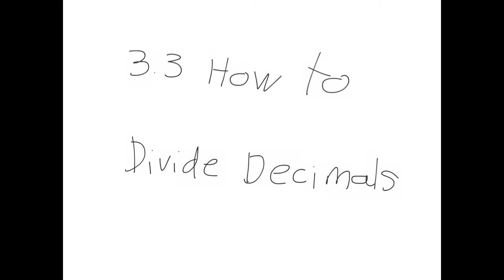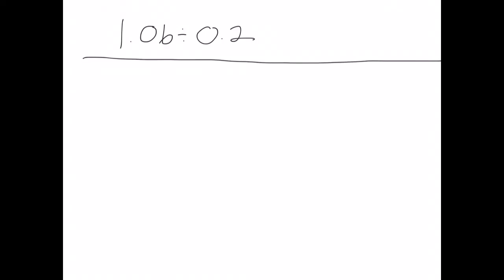3.3. How to divide decimals. So as you can see here, we have 1.06 divided by 0.2. So now let's write out the problem. So you can't have a decimal with a divisor. So move it.